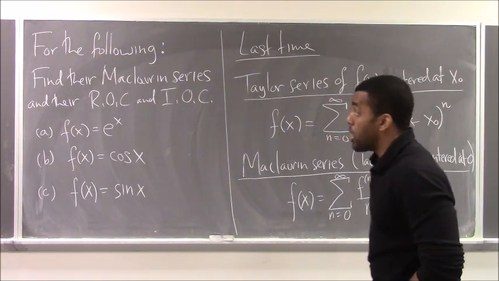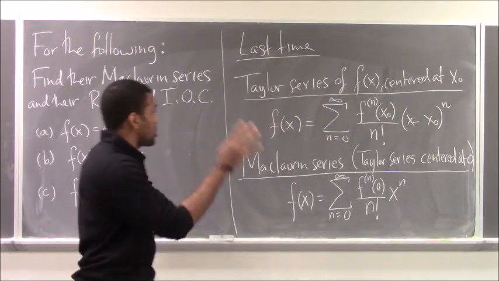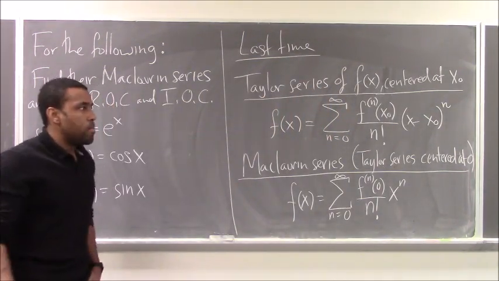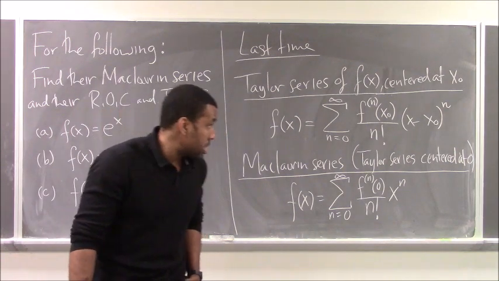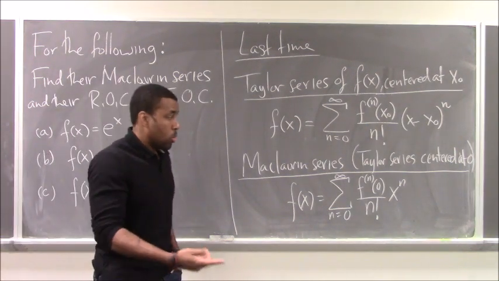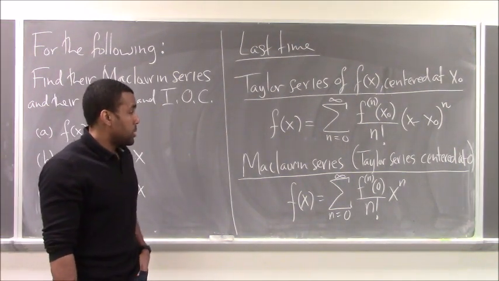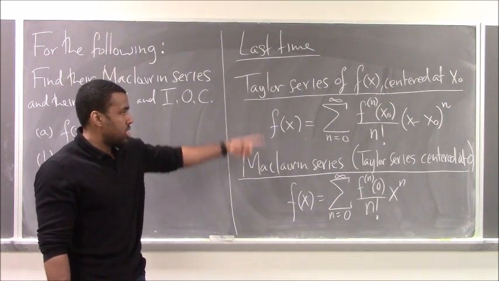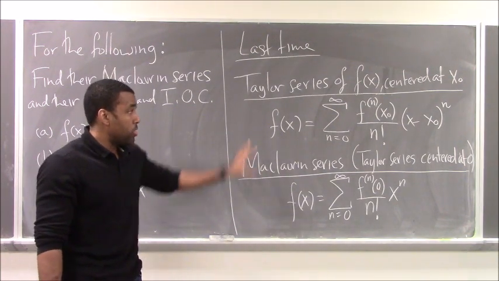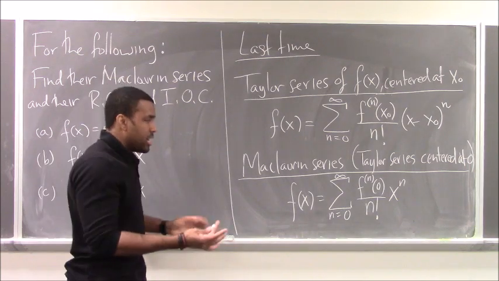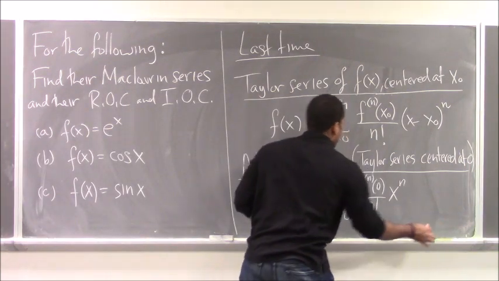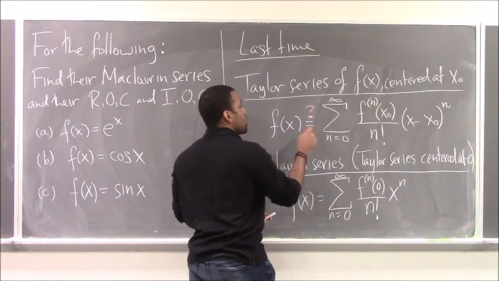These guys were called power series in general, and the Taylor series is just one method to develop the power series of a function that you might not know beforehand. So we have these two ways of talking about a function as a power series. Now, technically, I haven't justified to you that we can think of a function as being equal to this guy.